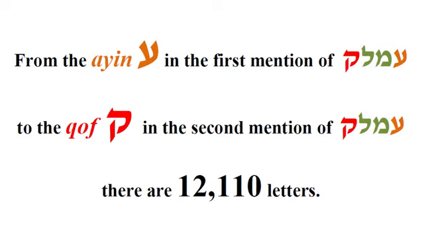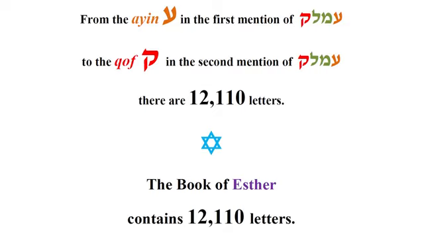There are 12,110 letters from Amalek to Amalek. Okay, what do you do with that? Well, the book of Esther contains 12,110 letters. Might be a coincidence, although I've told you 100 times there's no biblical Hebrew word for coincidence. God didn't need such a word. But that is true what we're seeing here. So maybe there's a tie-in between Esther and Amalek.